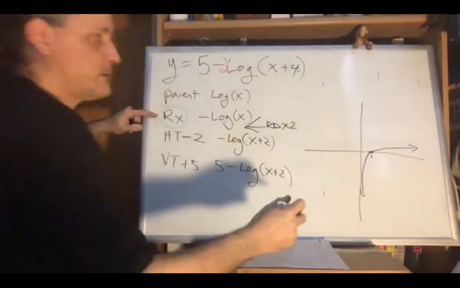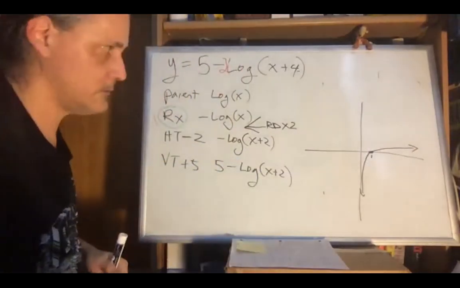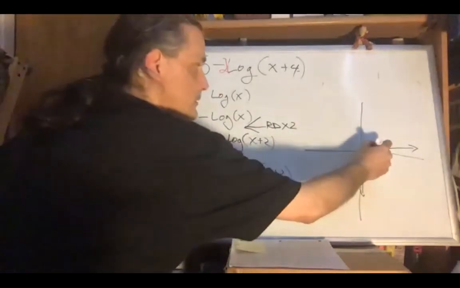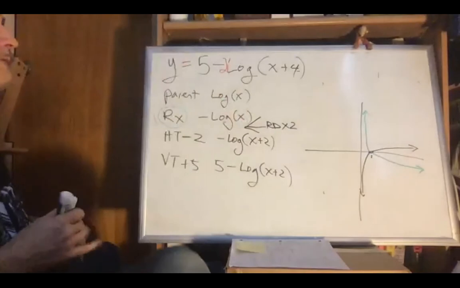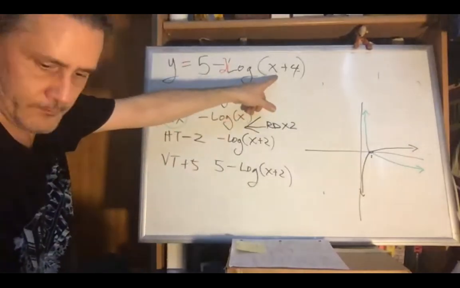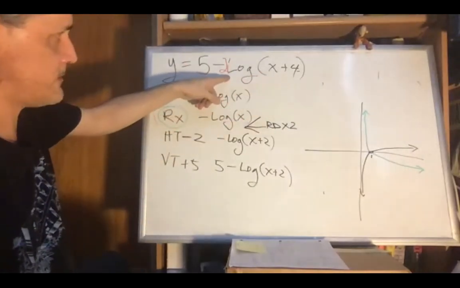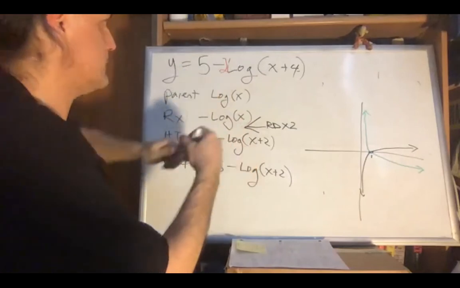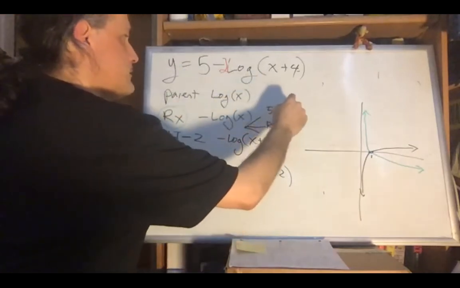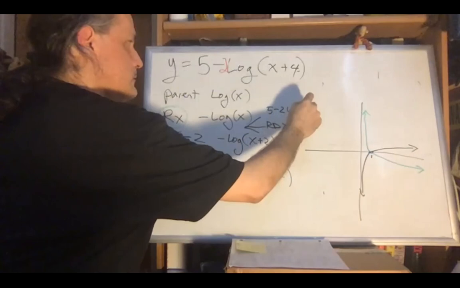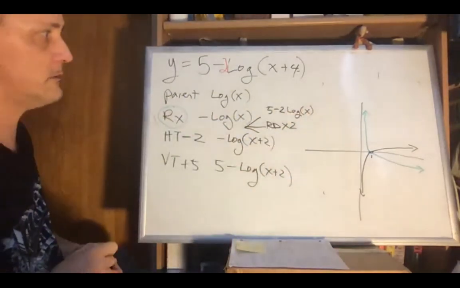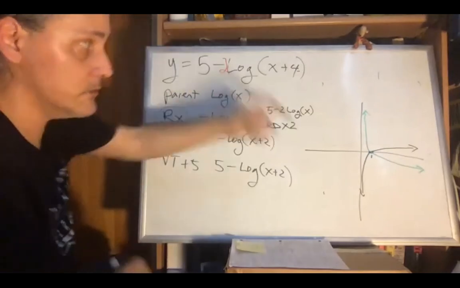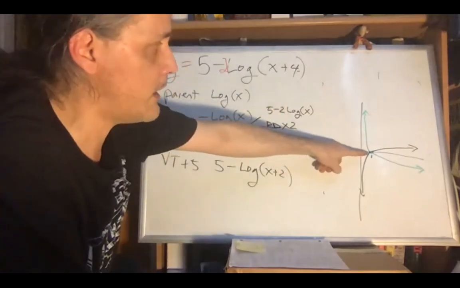Okay, we flip across the x-axis. So that's here. Okay, now here, that would be, let me see, 5 minus 2 log of x. So we haven't done the horizontal translation yet, right? So now we're just multiplying to the y's.